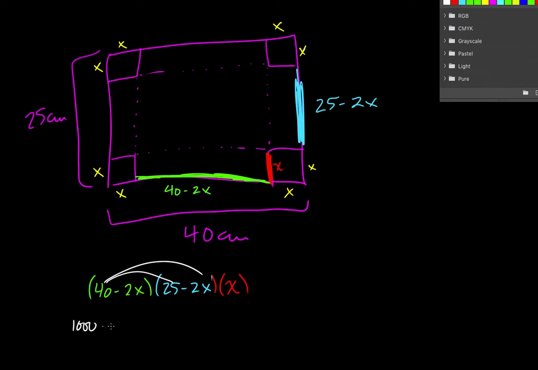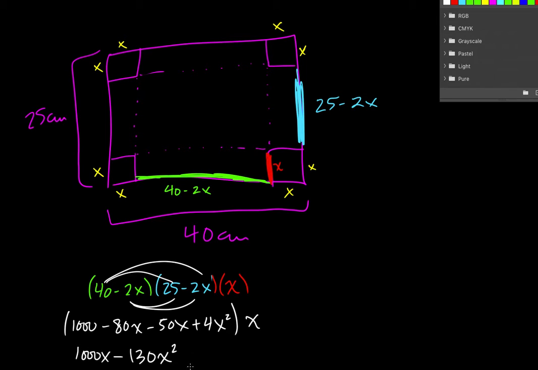Then if we do that times that, we get negative 80x, negative 50x, positive 4x squared. And we're still multiplying that by x, so we're just going to raise all the powers of x. If I combine those, I'm going to get negative 130x, and then multiplying by the x gives us an x squared, and then plus 4x cubed. This will be measured in centimeters cubed, and this is our volume.